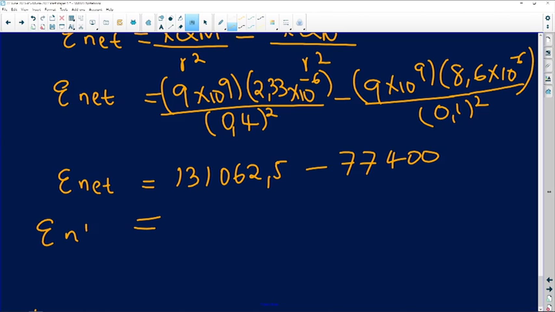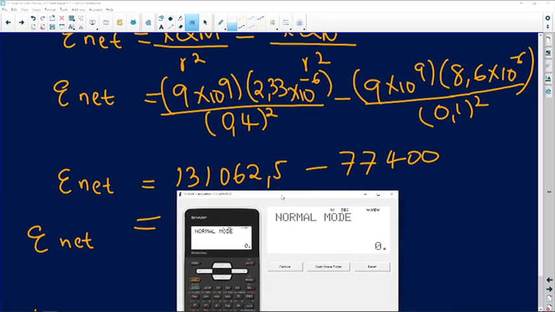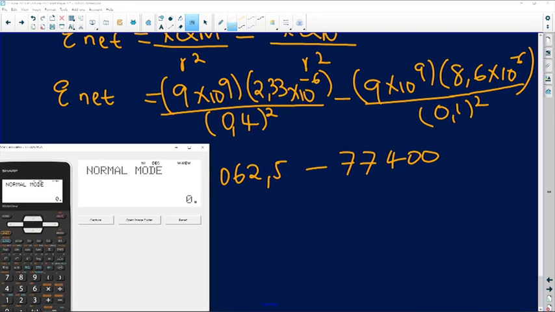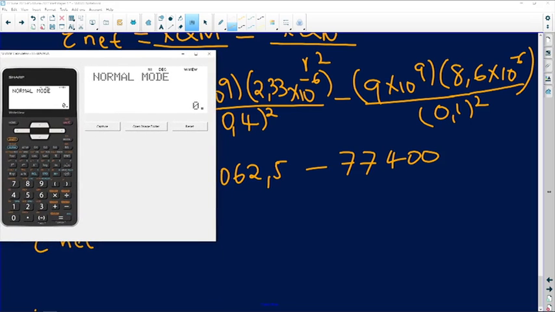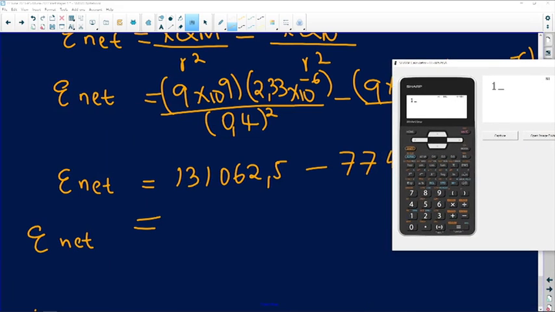Here we have E net. Let's punch it together and see if we get the same answer. 13106, be careful as you're punching, because if you make a mistake you're going to lose the marks.